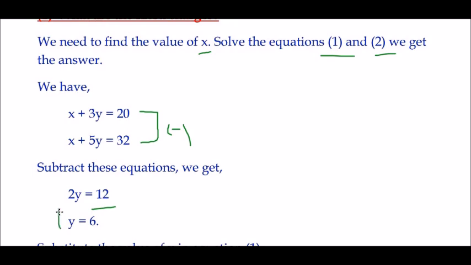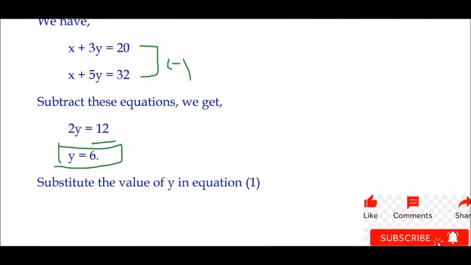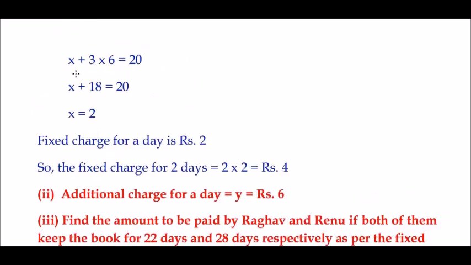Substitute the value of y in equation 1. We get x plus 3 into 6 is equal to 20, or x plus 18 is equal to 20, that is x is equal to 2. So the fixed charge for a day is rupees 2. So the fixed charge for 2 days is equal to 2 into 2, that is equal to 4 rupees.